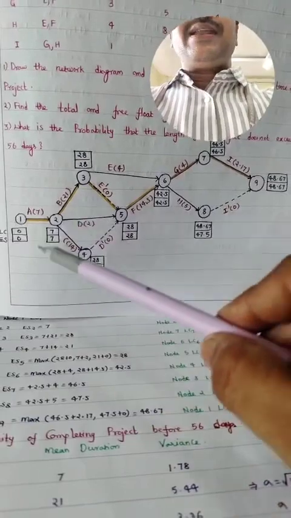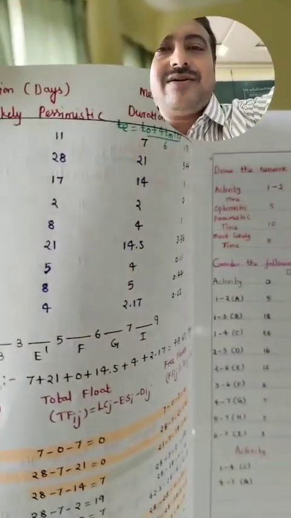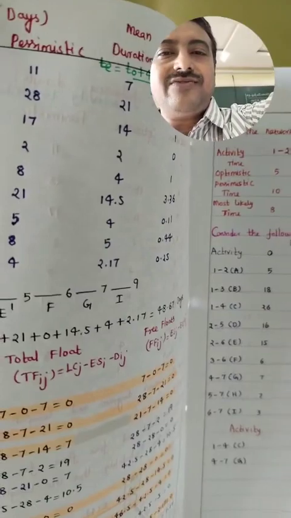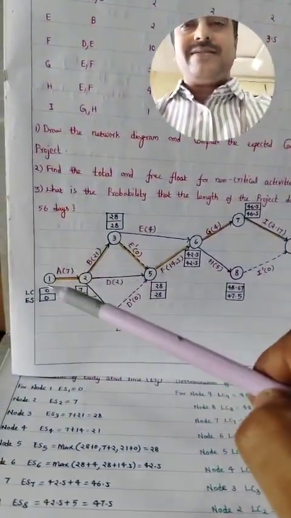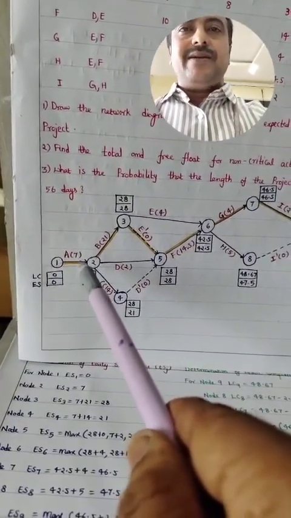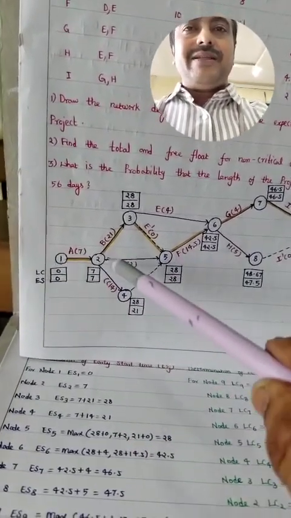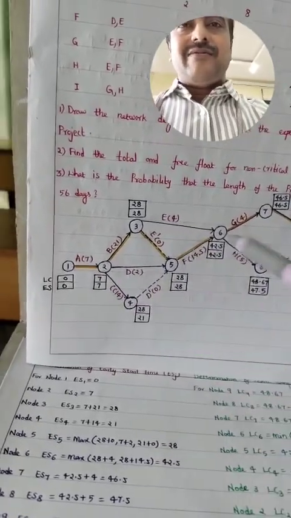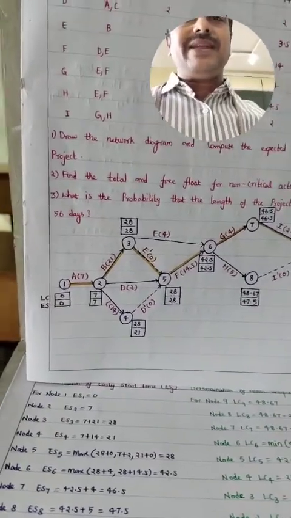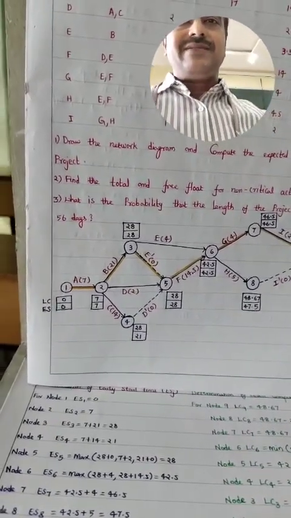The mean duration values I got earlier are 7 and 21, and I will be writing those here. For A the mean duration is 7, and for B, as there is a single node, I add 21 to 7 and write it as 28.